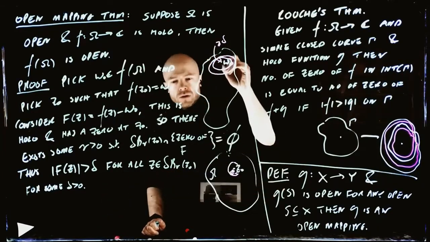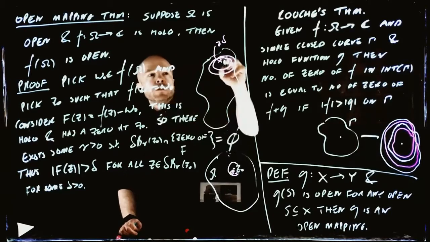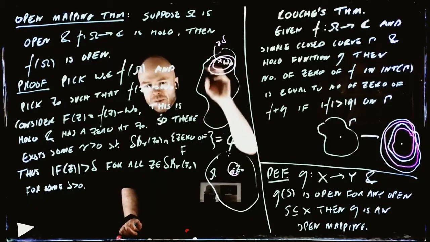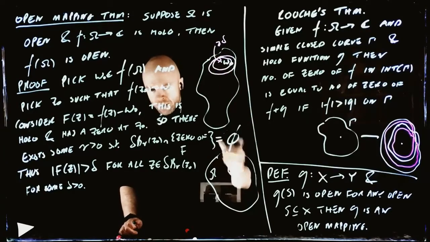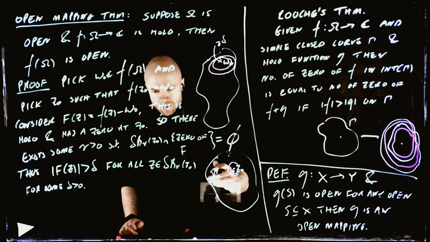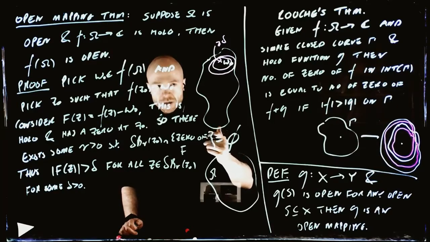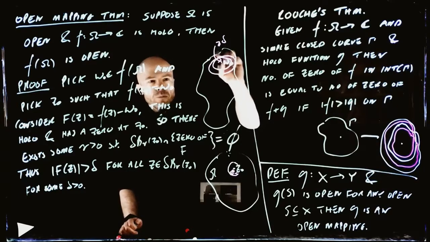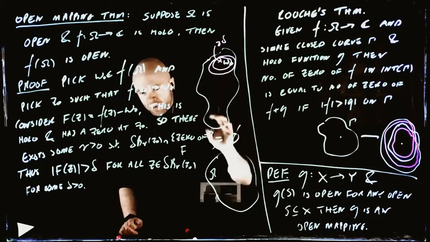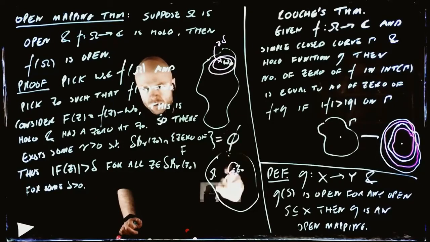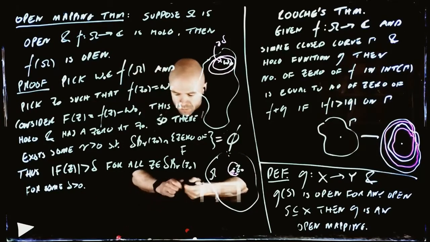Okay, so with this picture in mind, the natural thing to do is to argue that if we put a ball of radius, say, delta over 2 around w0, then everything inside that ball will actually be inside the image of f of Omega. That's what we'd expect somehow, right? That'd be the natural thing to expect from this picture. And that's what we're going to try and argue. Okay, so let's put that as a claim.